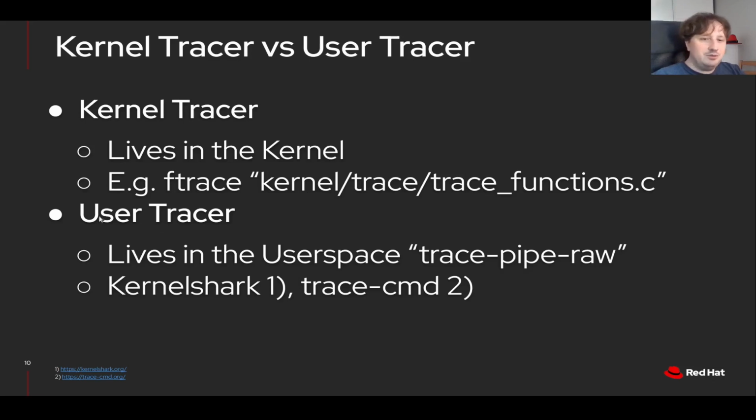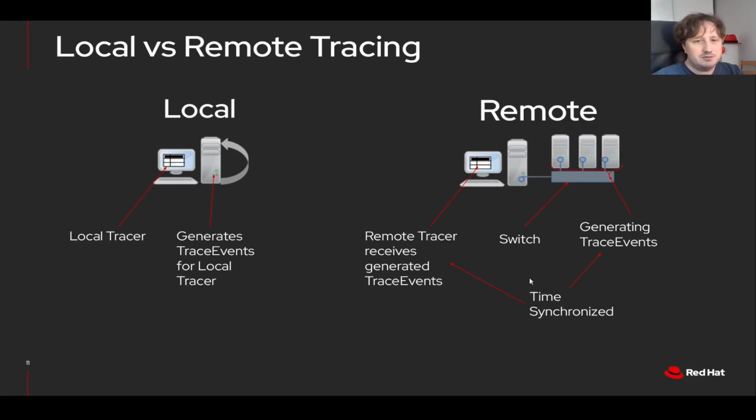Whereas the user space tracer, as I showed, has these file descriptors with the trace pipe raw. That's, for example, kernelshark and trace-cmd. They are user space tracers.